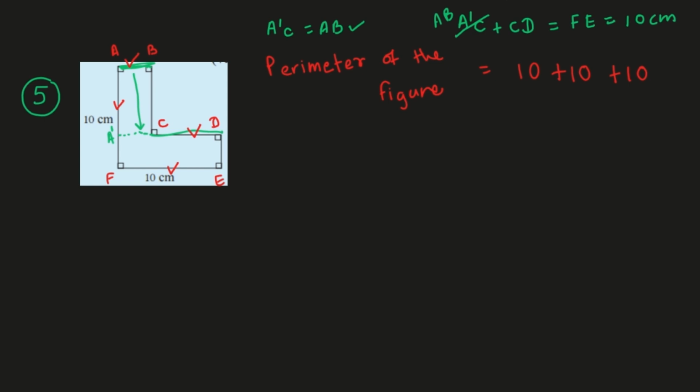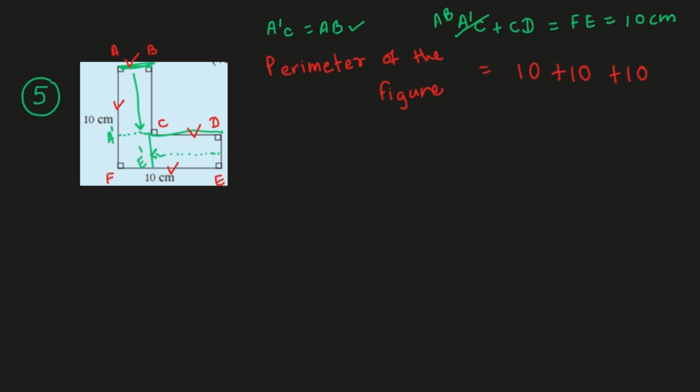BC, the length of BC and DE. What will be the length of BC and DE? It will again be 10. Why is that? If you bring the value of DE to here, let's call it E dash, we know that CE dash will be equal to DE.